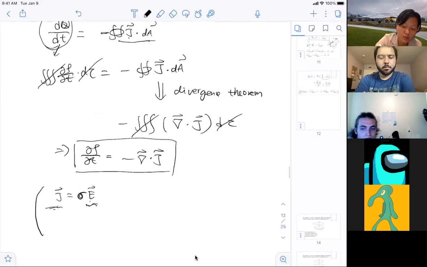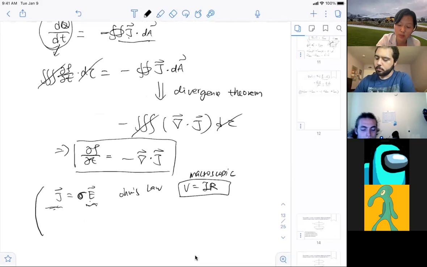So this is the microscopic Ohm's law. The macroscopic Ohm's law, the one that we measure in our lab, can be derived from the microscopic Ohm's law. So these two are actually the same, even though they look different. Okay, so combine this with this, and you'll get some interesting results.